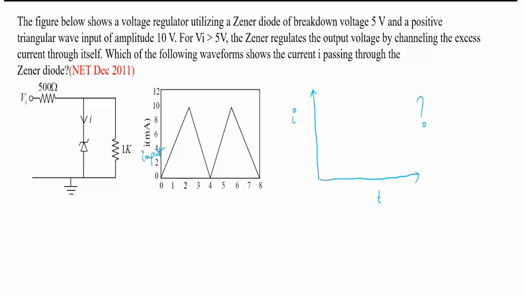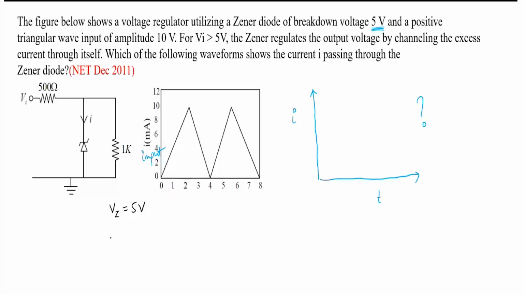And in the question, they also have given that the Zener diode has a breakdown voltage of 5 volt. Are you able to follow me? Yes. Okay. So Vz is given to be 5 volt.